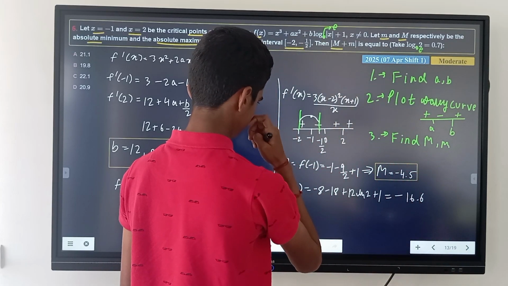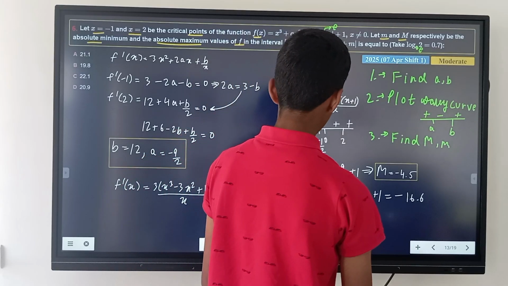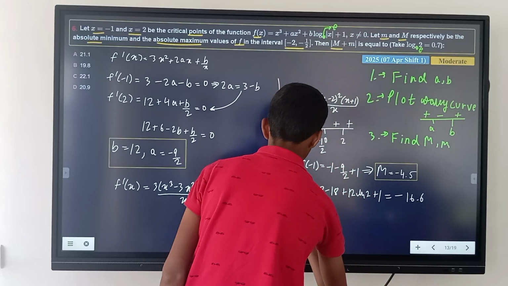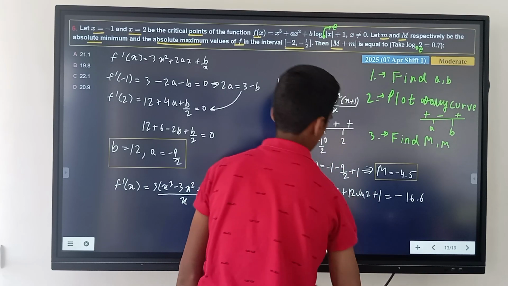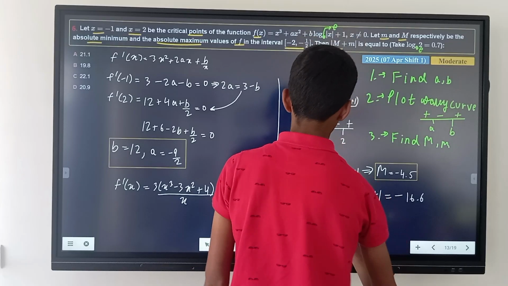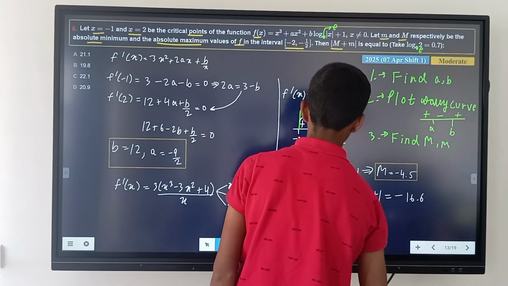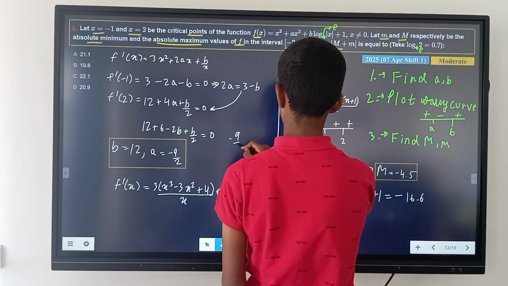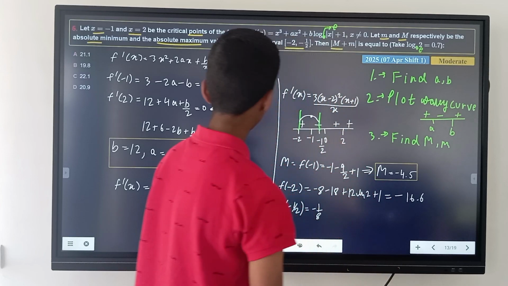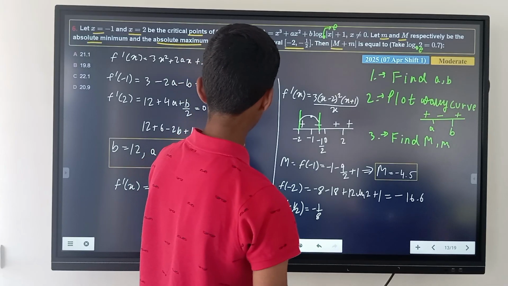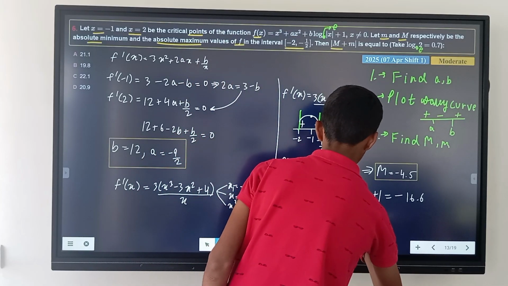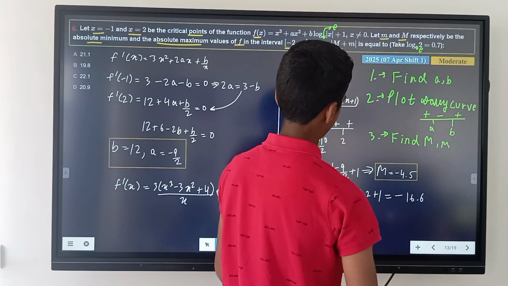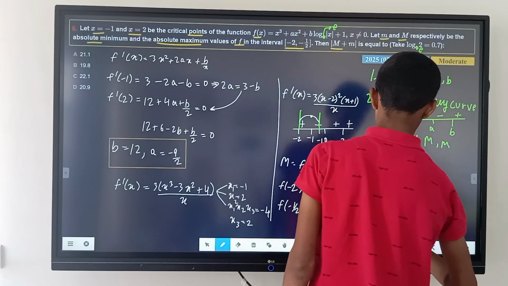Now our f of minus half will be equal to minus 1 upon 8 and minus 9 upon 2 into 1 upon 4, so minus 9 upon 8, minus 12 ln 2, because ln of 1 upon 2 is minus ln 2, and plus 1.